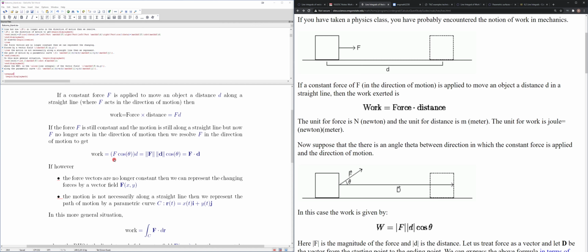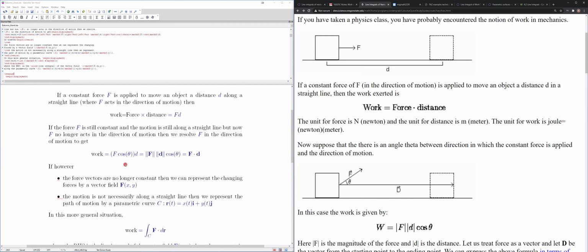What you want to notice is that we can use vectors to express this. This F is the magnitude of the force vector F. You take the magnitude of the force vector F, and the magnitude of the displacement. Moving along a straight line like this, you're moving from this point to this point, and that is a displacement, which is what this boldface D is.